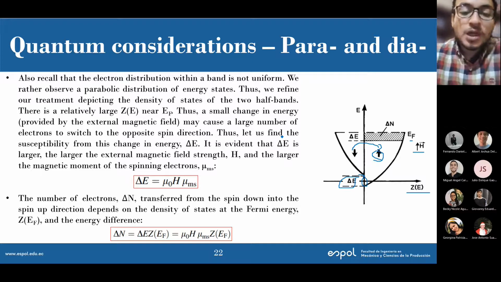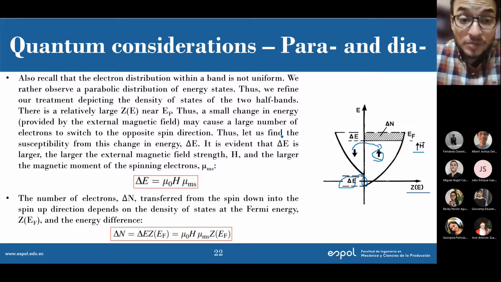Okay. So from this, we can actually find the susceptibility from this changing energy. Right? And this changing energy is represented as delta E. And obviously, the larger the magnetic field strength, the larger will be that changing energy, right?